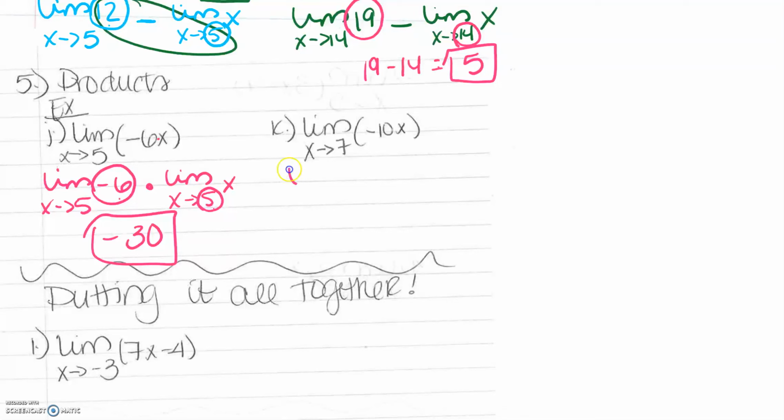Last one, the limit as x approaches 7 of -10 times the limit of x as x approaches 7. Constant, limit. -10 times 7 is -70.